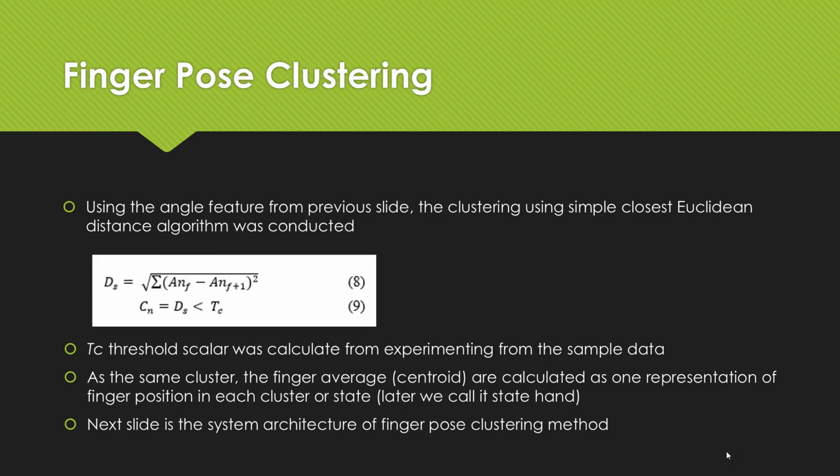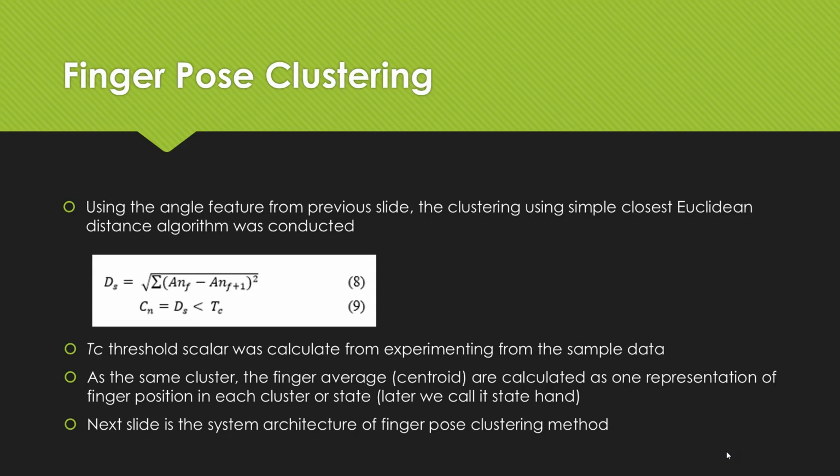And using this angle feature, we use a simple clustering method using the cosine distance algorithm. And for the threshold, we calculated it by experimenting on the sample data. So by this finger pose clustering, we got a few states, or hand states, you call it.